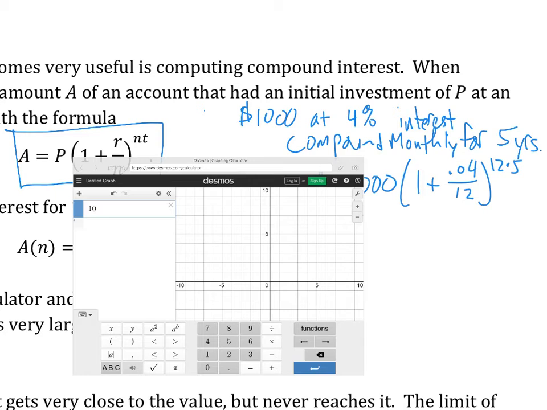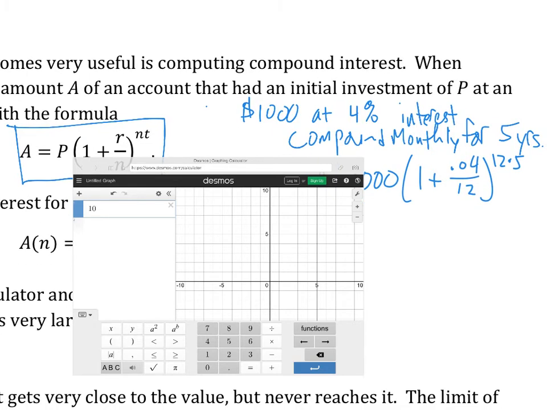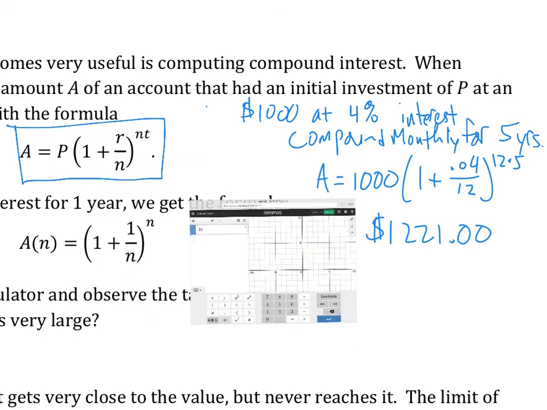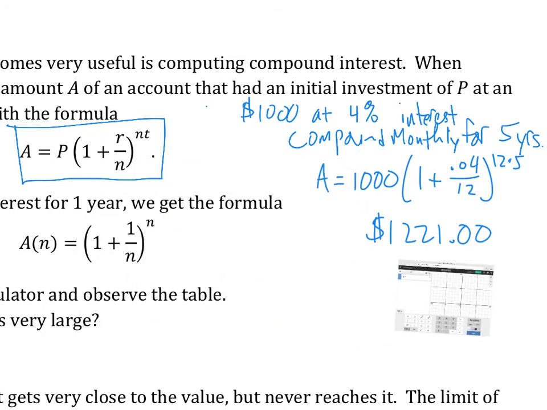And we will raise that, got to close the parenthesis, to the 12 times 5, or 60th power. So that means you're going to have $1,220.99. Actually, that 99.996 is going to round up to 1. So that's how much you'll have at the end of those years, okay? So that's how the compound interest formula works.